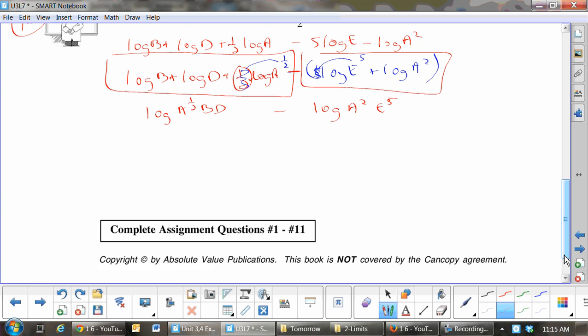Now my division: log a to the 1/2 b d all over a squared e to the 5.